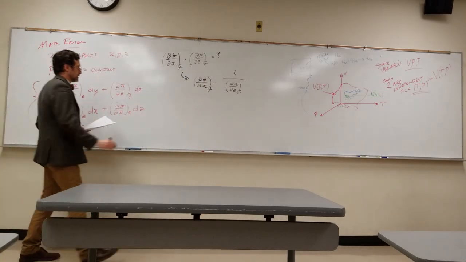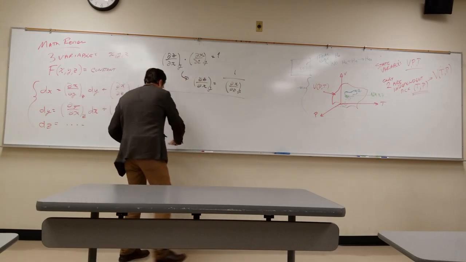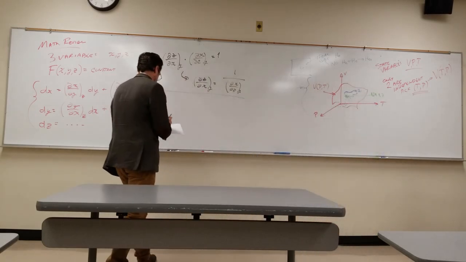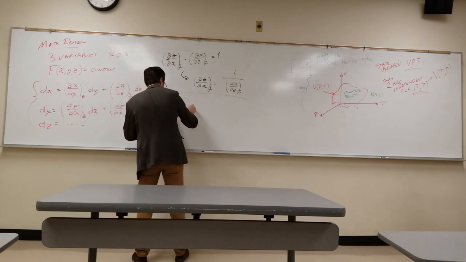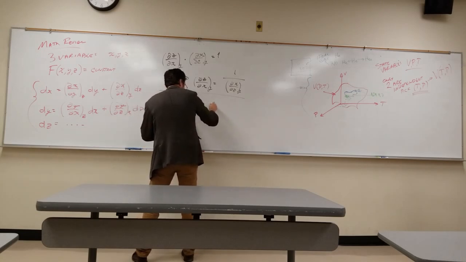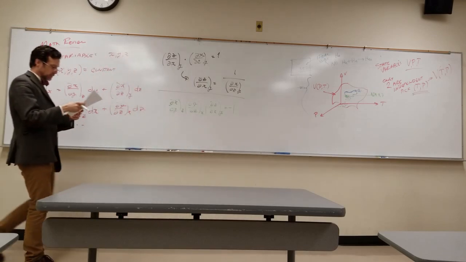And another useful tool is this so-called triple product rule. That tells us that the partial of x with respect to y as a function of z, times the partial of y with respect to z as a function of x, times the partial of z with respect to x as a function of y, is equal to -1.